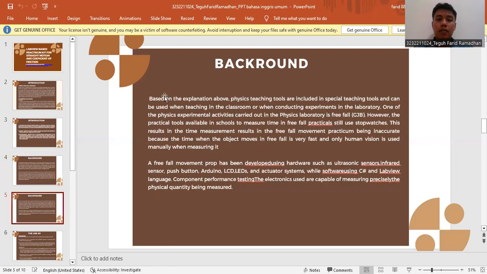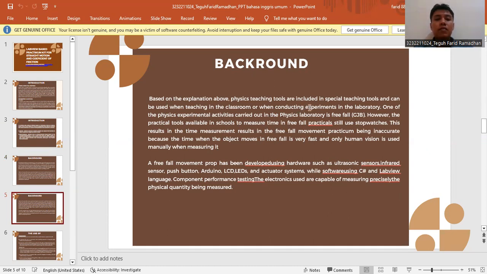Next, our background. Based on the explanation above, physics teaching tools are included in special teaching tools and can be used when teaching in the classroom or when conducting experiments in the laboratory.